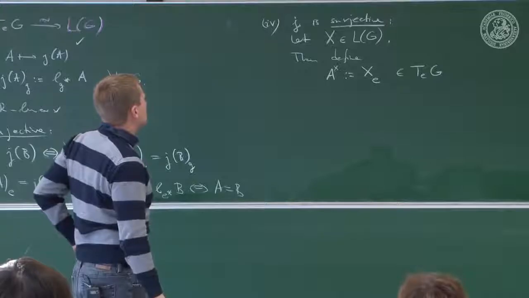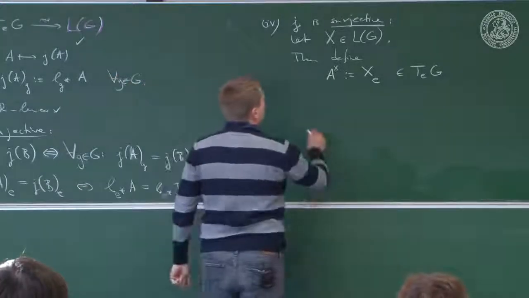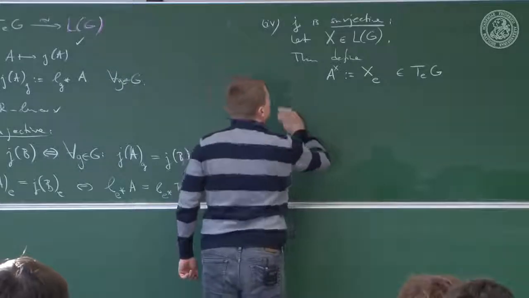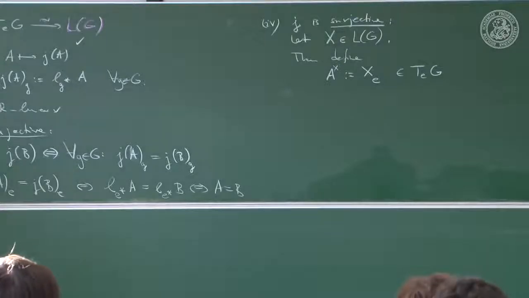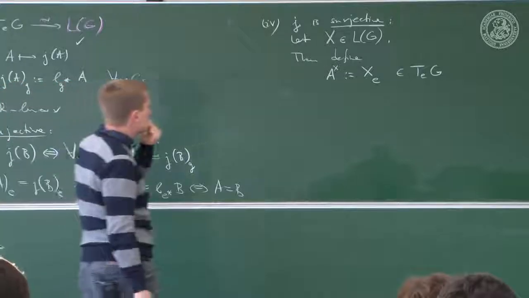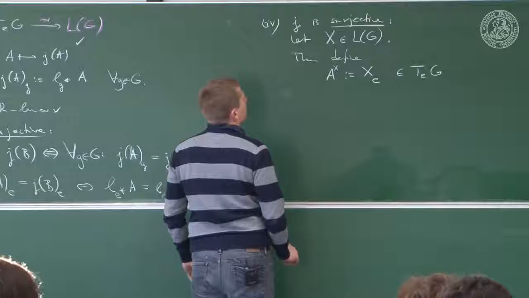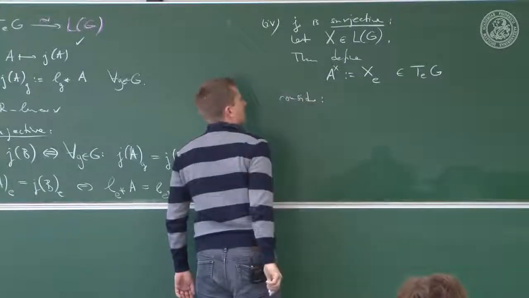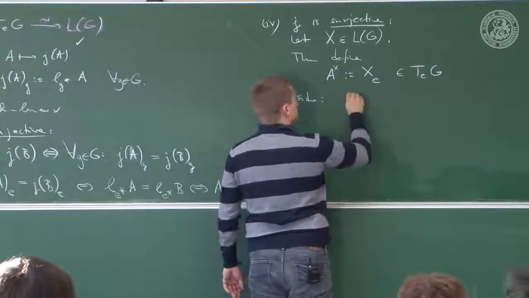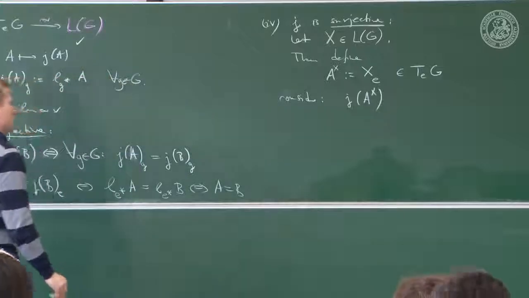Now I need to hit that element. Well, how do I know I hit it? Anyway, I do this, and now I consider: my idea is that the J of this AX reproduces this X. JAX.